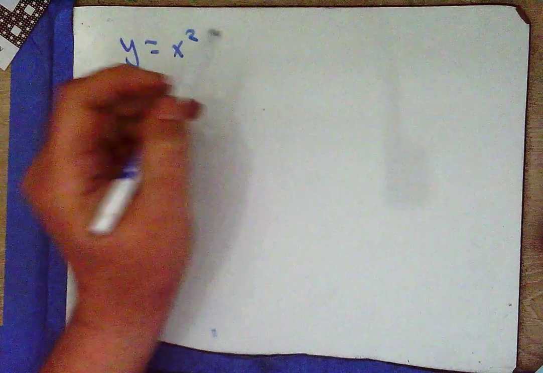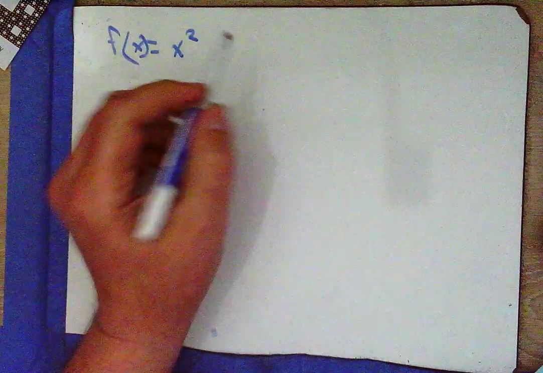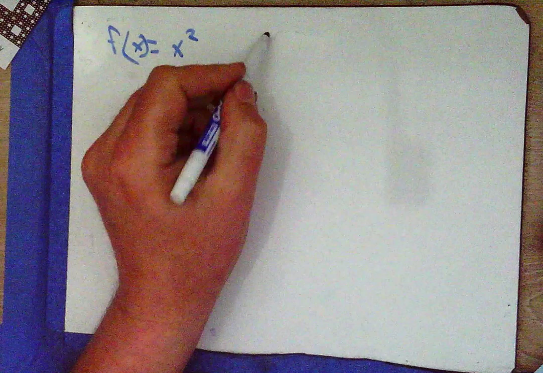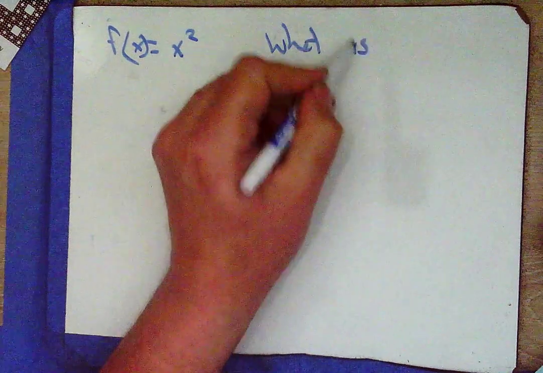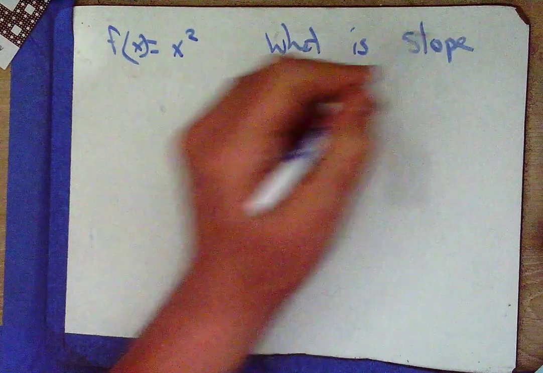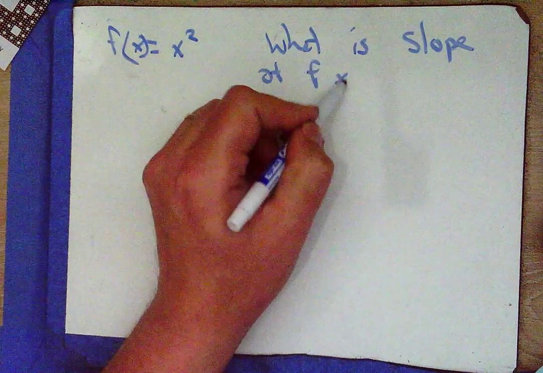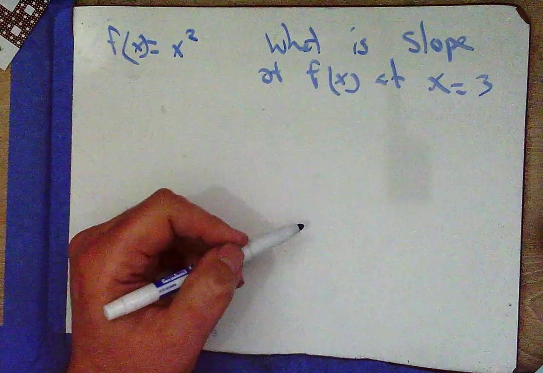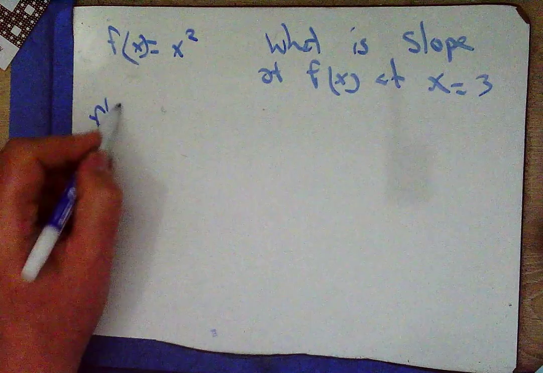Say y equals x squared is our function. In fact, f of x is our function, and I want to know what is the slope of f of x at x equals 3. So what I'm asking for is, what's f prime of 3?